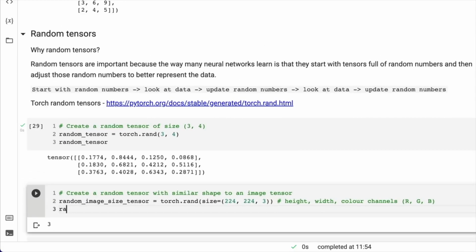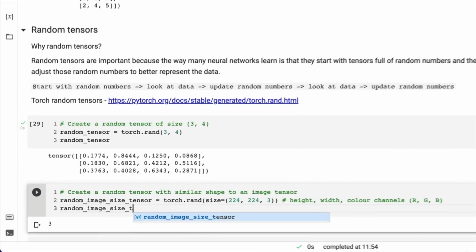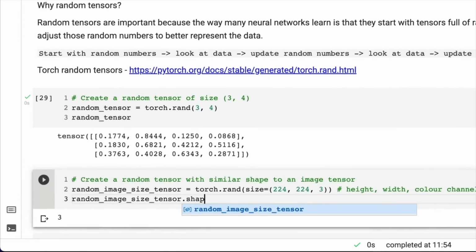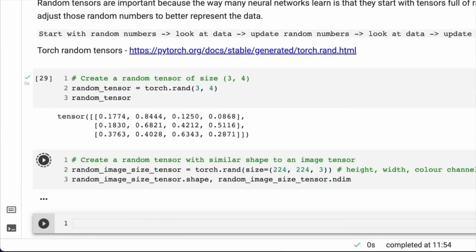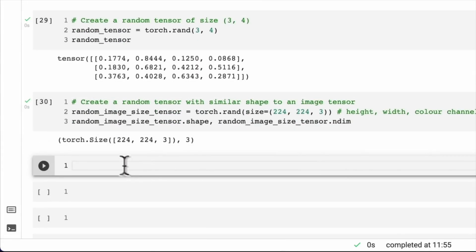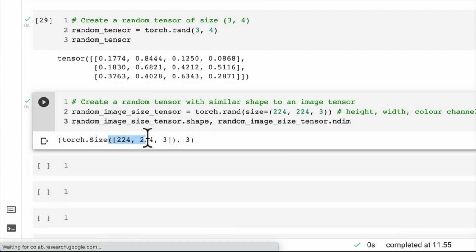And so let's create a random image tensor. Let's view the size of it, or the shape, and then random image size tensor. We'll view the ndim. Beautiful. Okay, so we've got torch size, the same size, 224, 224, 3, height, width, color channels, and we've got 3 dimensions.